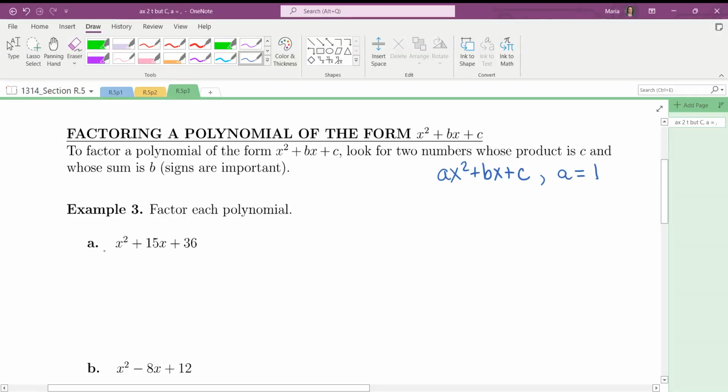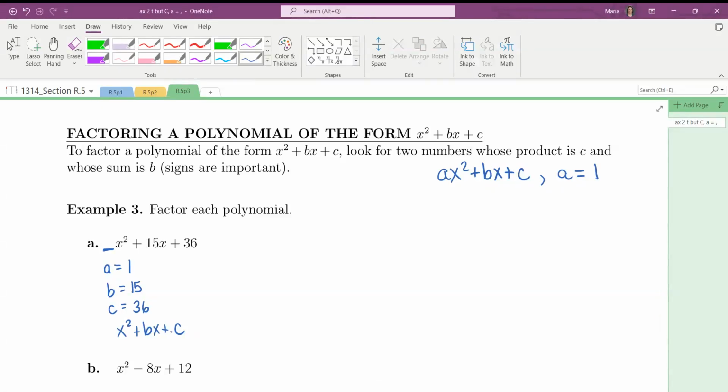The number in front of x squared, that's your a value, is 1. b is the number in front of x, that's positive 15. And c is the constant, that is positive 36. So again, we are dealing with something of the form positive 1 times x squared plus a number times x plus another number.